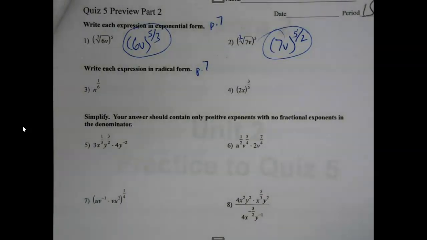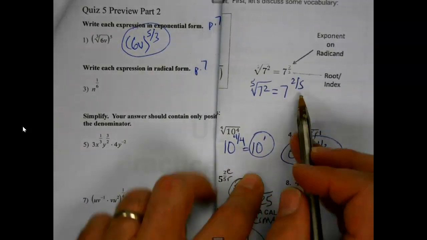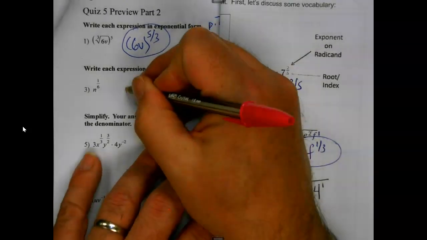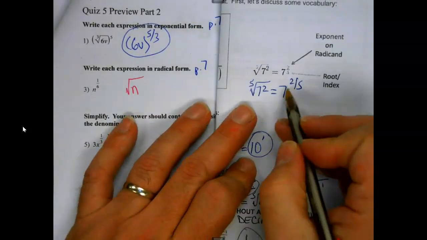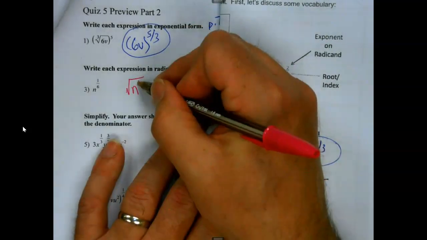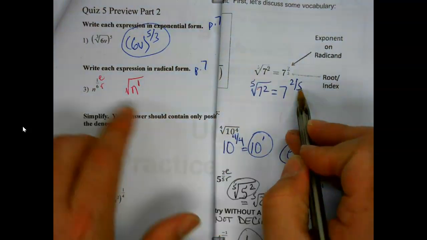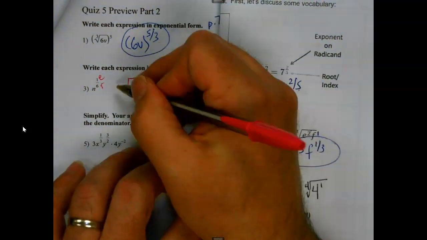And so if we're going back the other way, I'm going to use the same example. Looks like the exponent goes inside here. So that's the exponent. And then the number in the denominator of the fraction is the little root number.